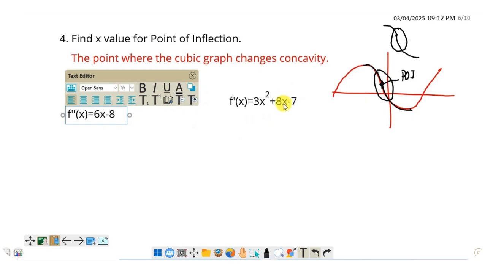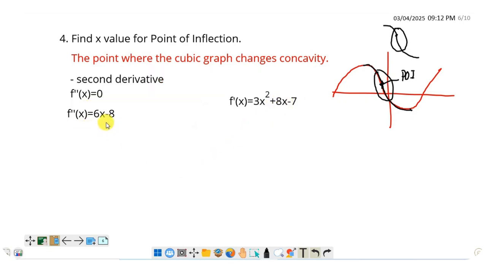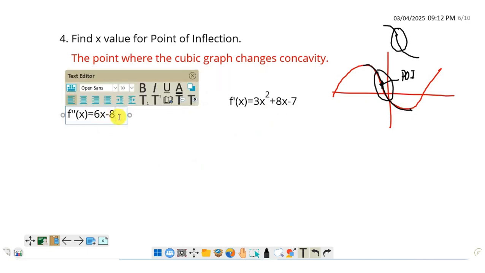Okay, now here it is, and then what you do is put it equal to 0: 6x plus 8 equals 0.